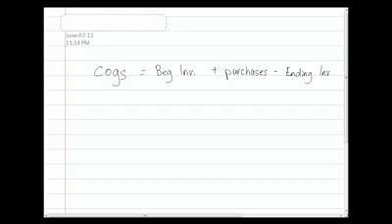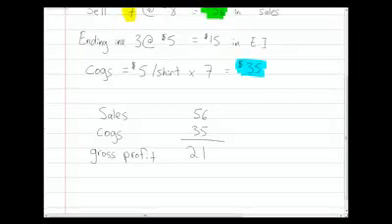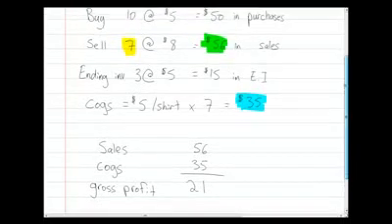If we use this formula for the same example, we should get $35 as our cost of goods sold as well. So let's go ahead and use that formula.